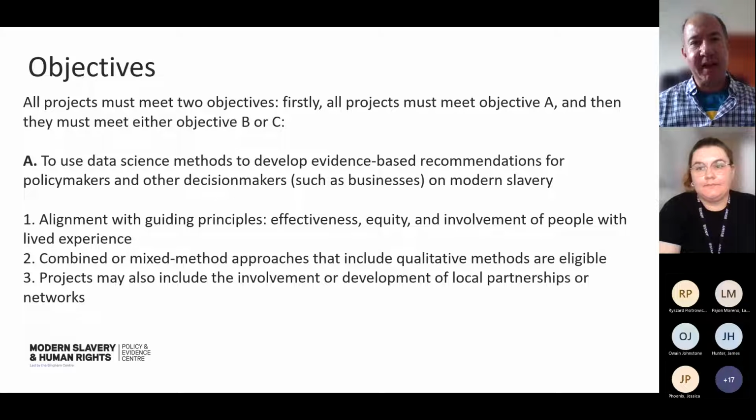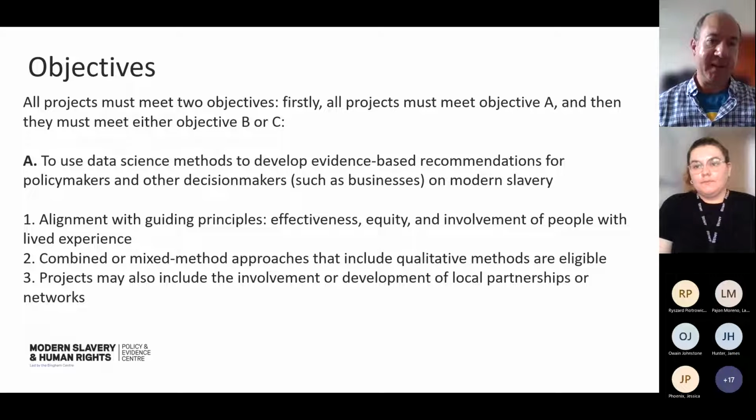So just to take you through the objectives, and we tried to simplify these, but basically every project must meet objective A, and then they are allowed to meet either objective B or C. So I'll explain how that works. Objective A is really about alignment with the PEC's mission. So we want projects and proposals to use data science methods to develop evidence-based recommendations for policymakers.